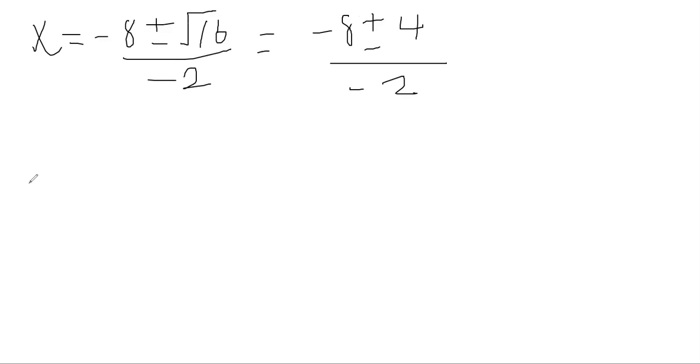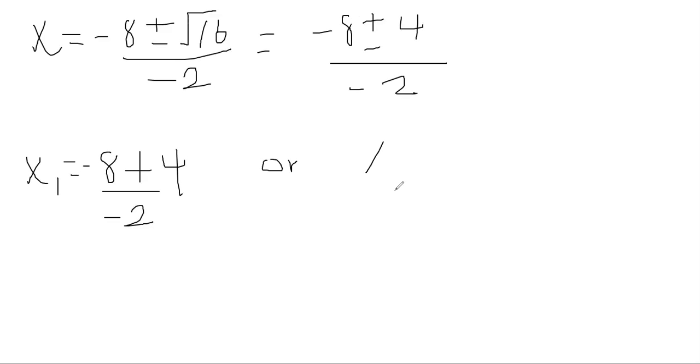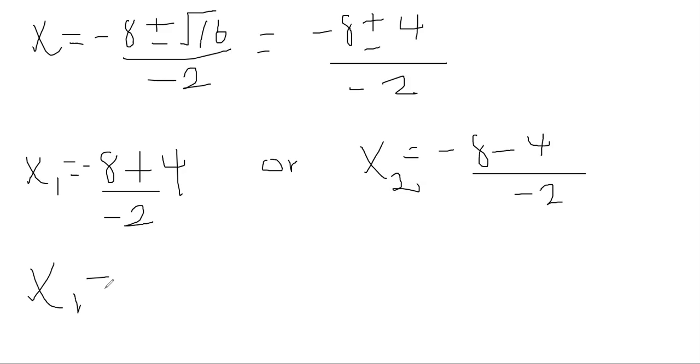So what we can do is break it. x1 will be minus 8 plus 4, we take the first one plus, all over minus 2, or x2 equals minus 8 minus 4 all over minus 2. So x1 will give us minus 4 divided by minus 2, and this will give us 2.